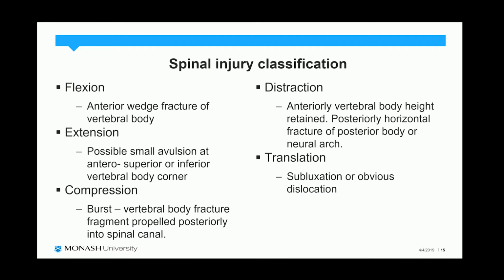And then compression injuries can result in a burst vertebral body fracture with fragments propelled into the spinal canal. Distraction injuries, normally the anterior vertebral body height is retained. However, there is a horizontal fracture of the posterior body and it can affect the neural arch. With translation injury, subluxation or obvious dislocation can occur.